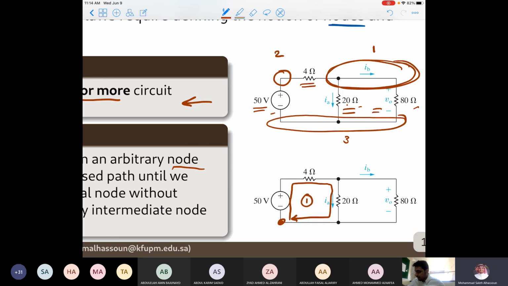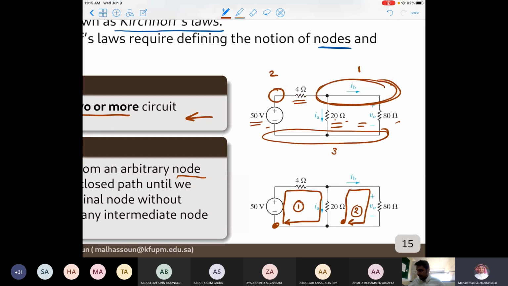The second loop here is this one. So let me start from here, and then I will move in a closed path until I get to that point. So this is the second loop. The third loop is if I start from this point, for example, and I continue moving in the outer part of the circuit, and I get back here.